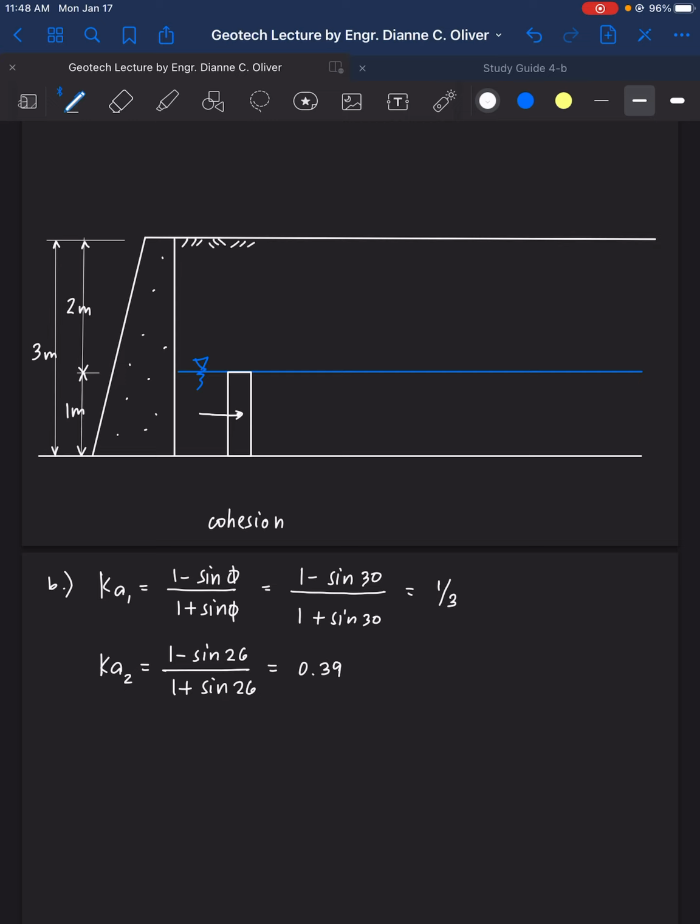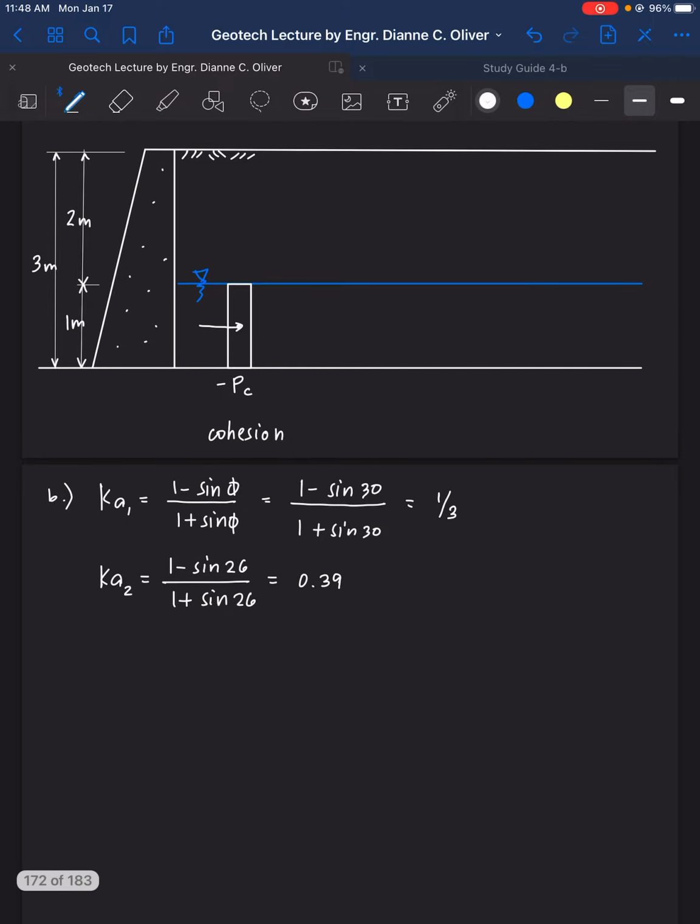So this is P sub C, and we are going to treat this negatively. And we don't have any surcharge.